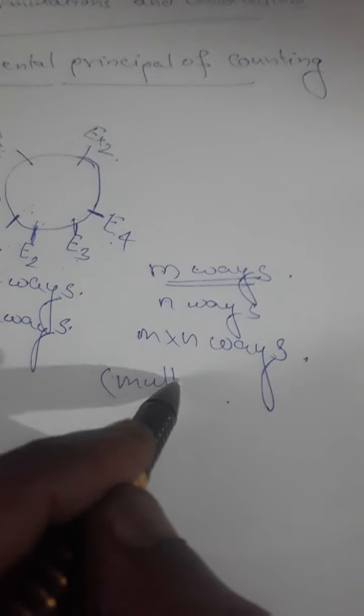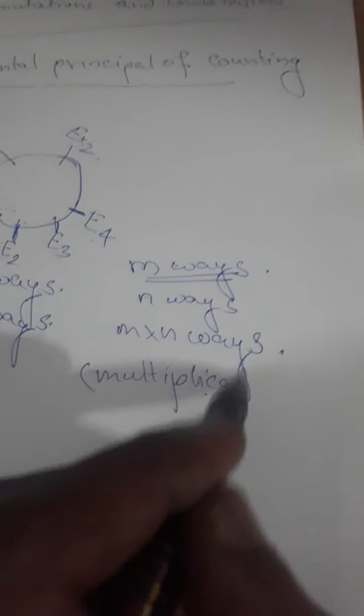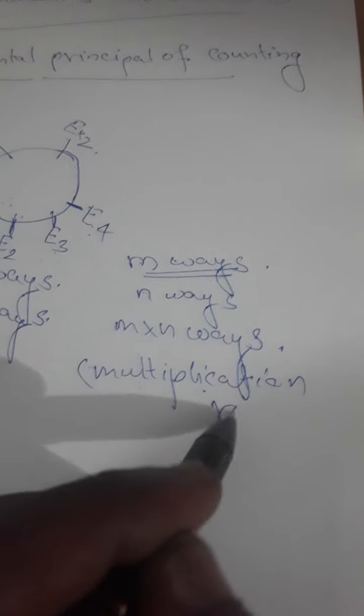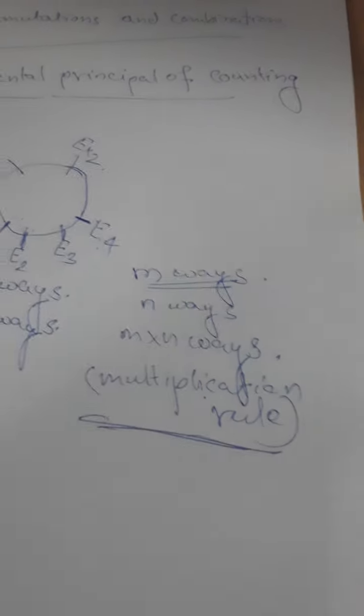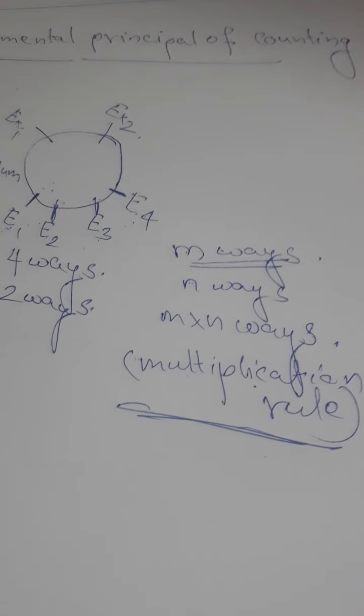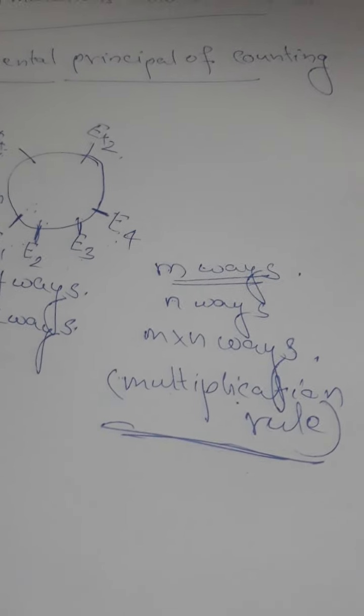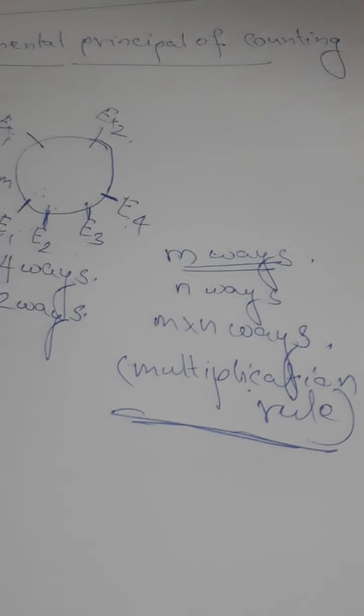This is known as the multiplication rule for counting.